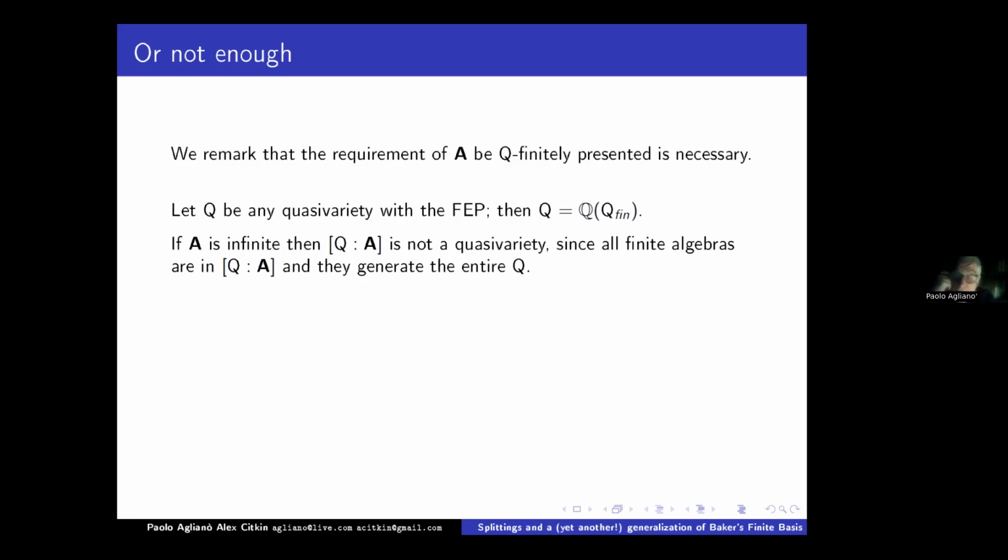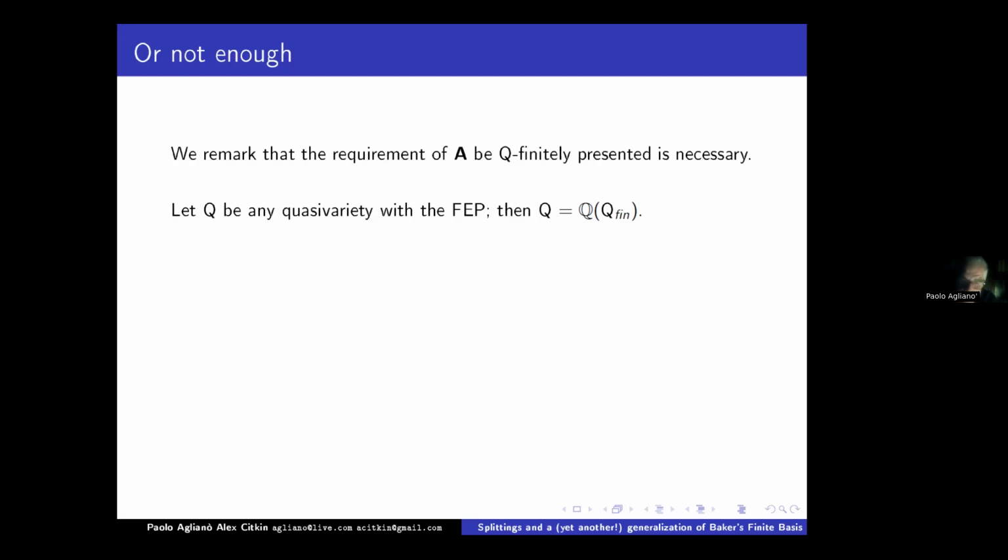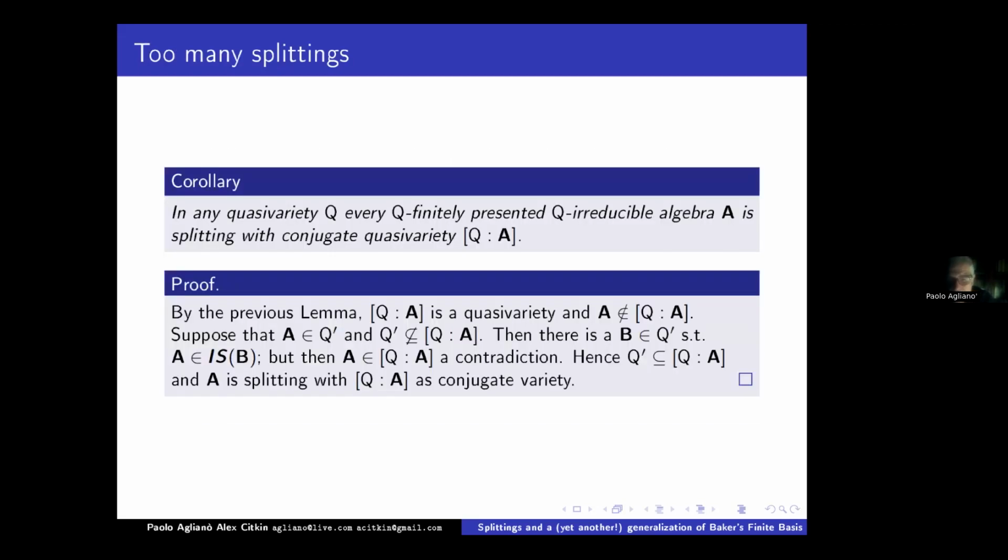However, if you really want to look at finitely generated, then we have to add a hypothesis, and not surprisingly, the hypothesis is that the algebra be weakly projective. So if I take a finitely generated algebra which is weakly projective and Q-irreducible, then A is Q-splitting, but in this case, the conjugate quasi-variety is a variety because of the lemma I proved before, right?